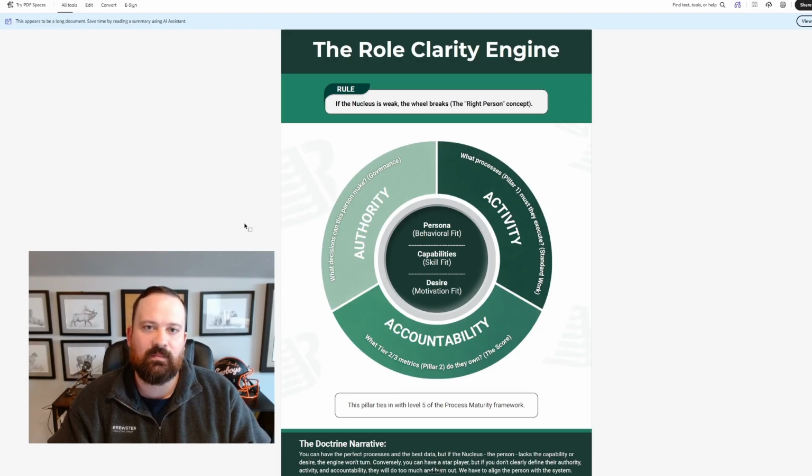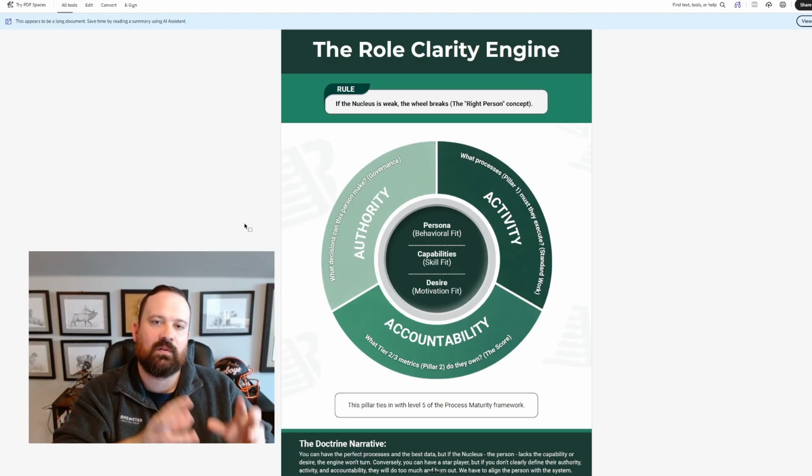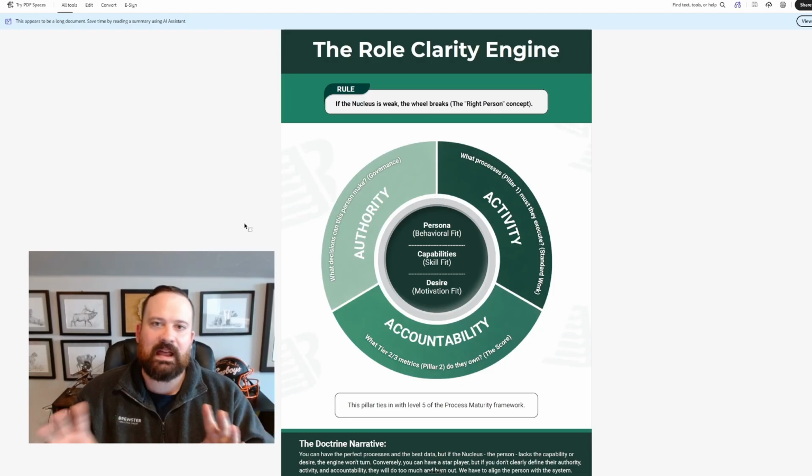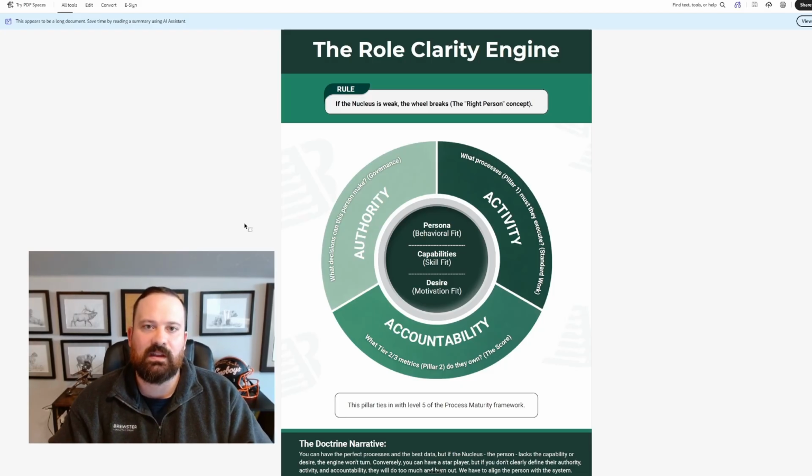They know what KPIs they're trying to maximize. And then the final component of the role clarity engine is authority. They have the actual authority to make decisions in order to optimize their performance to the KPIs that they will be measured against. If you don't have any of these 3 things, then it's like a 1 or 2-legged stool.